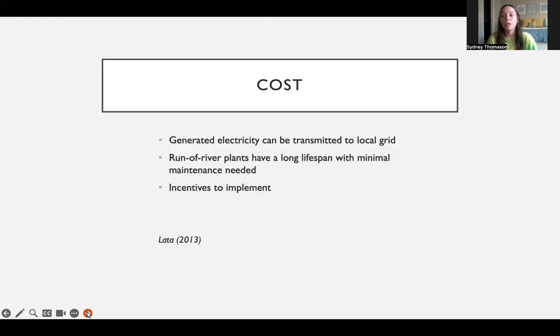Additionally, some governments are providing incentives for the installation of run-of-river plants due to their green nature, aka their lack of greenhouse gas emissions, and the fact that they are a renewable energy source, and some governments want to transition more to that.